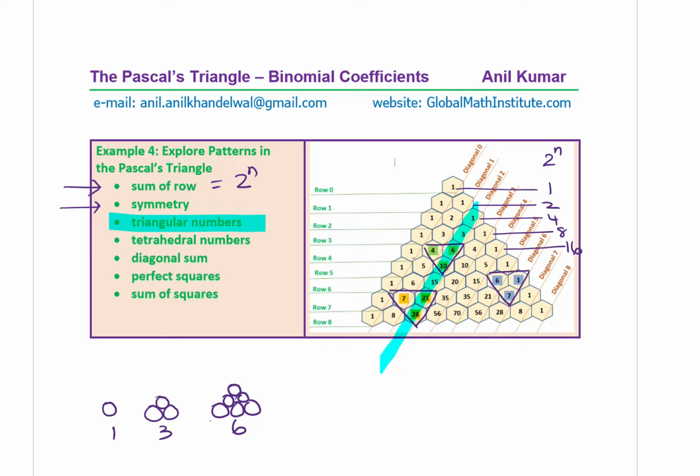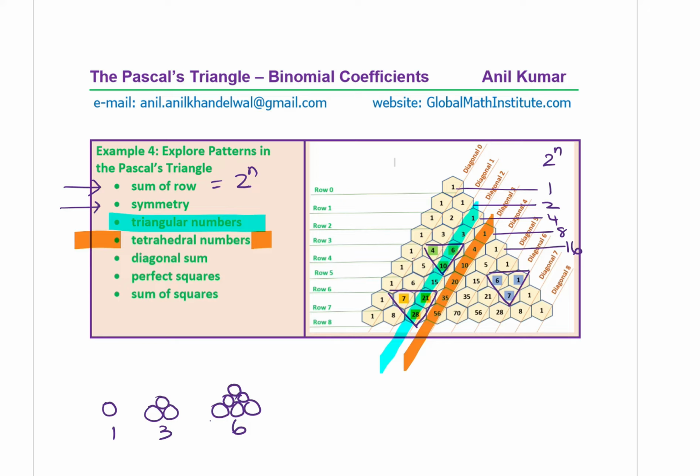Similarly, if you stack oranges in a pattern, you can get tetrahedral numbers, which are shown here in the next diagonal, correct? So those are the tetrahedral numbers which you could actually get. So let me just show you in orange color on the side. So that is how it is. Many important things you can see from here.